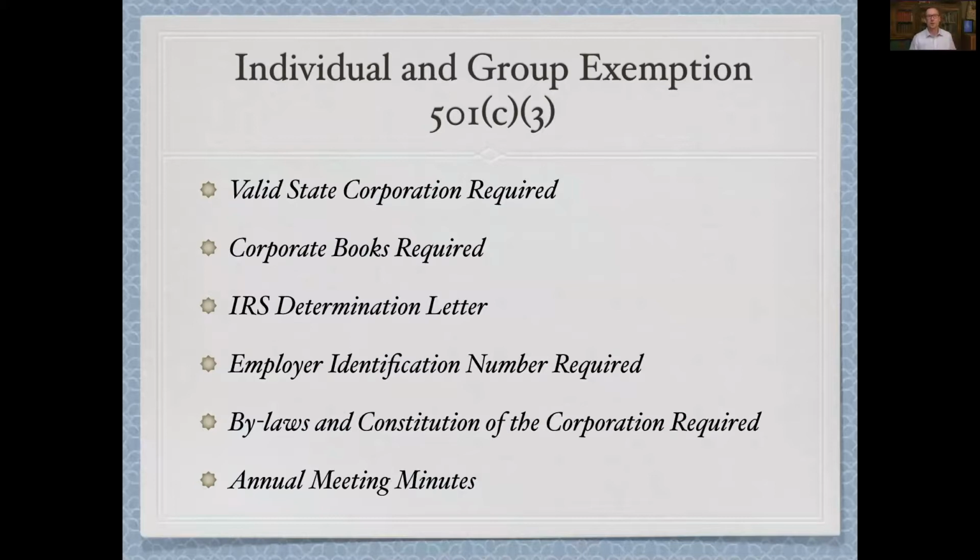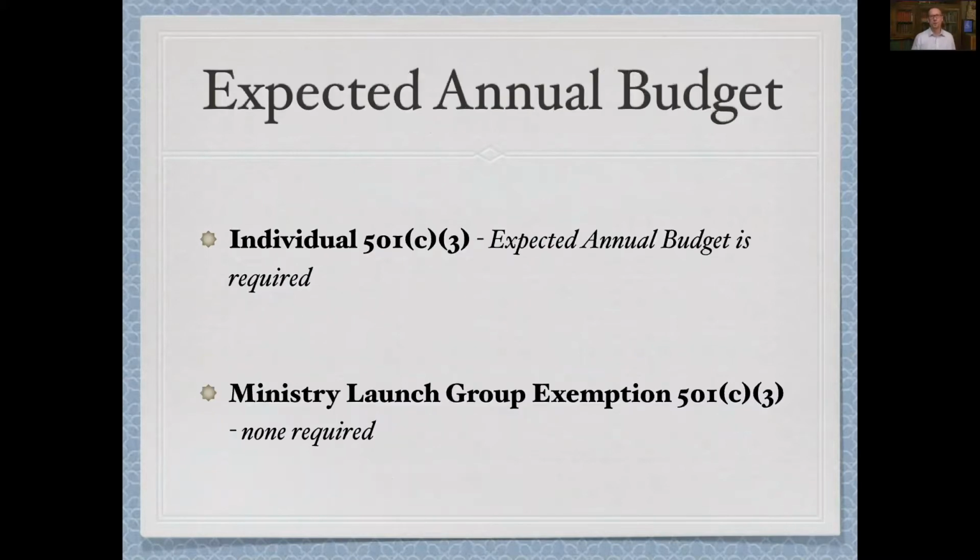The IRS determination letter will help you get that going, the employer identification number, bylaws and constitution of the corporation, as well as your annual meeting minutes. All those things are things that Ministry Launch helps you with and will provide for you and coach you through if you're not quite sure exactly what's the right way to go about doing those things.